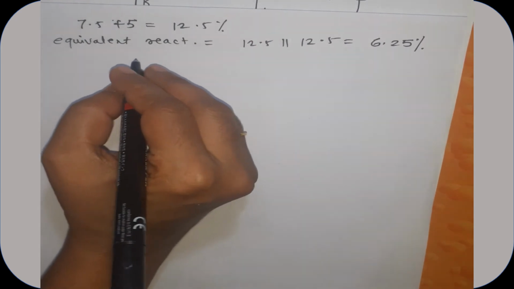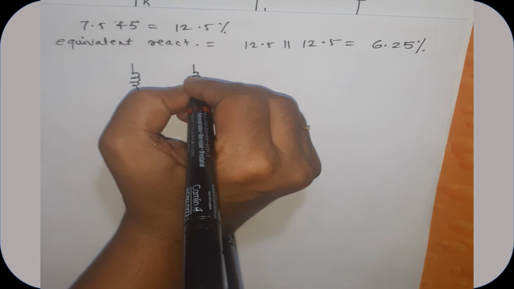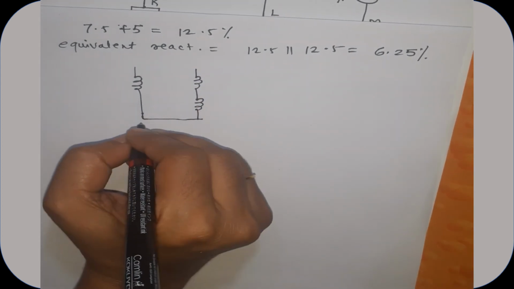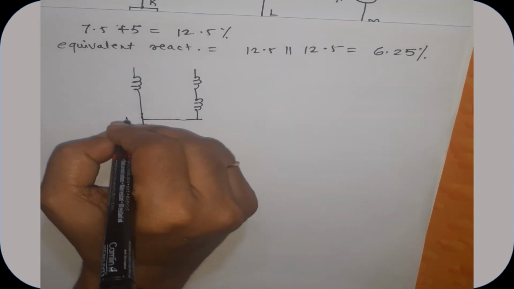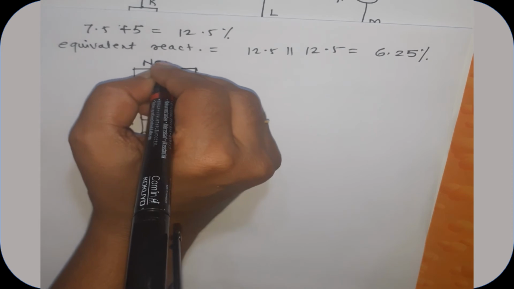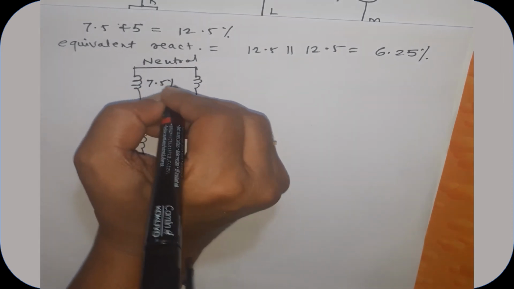Now the simplified diagram. So this point is your neutral. This is 7.5%.